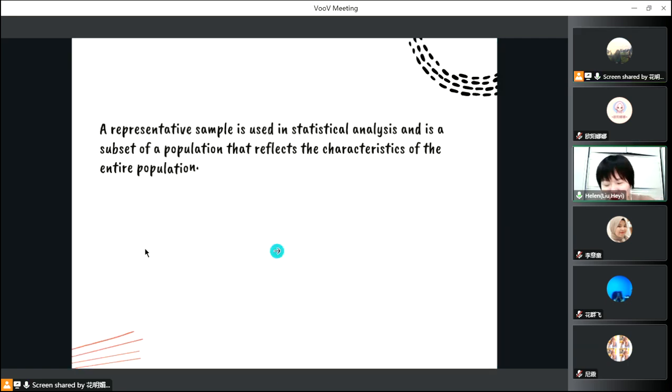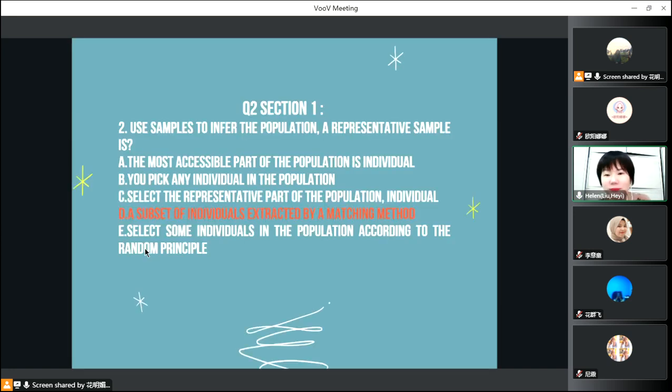Wait a moment. Here it just means we use samples to infer the population. So the very important thing is we have to choose a representative sample. So first, A, the most accessible part of the population is individual.